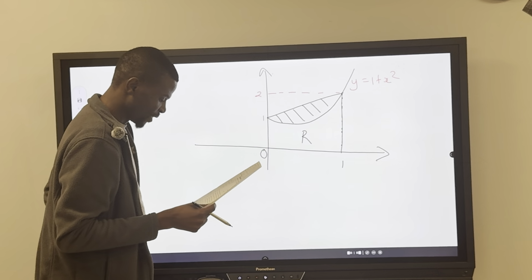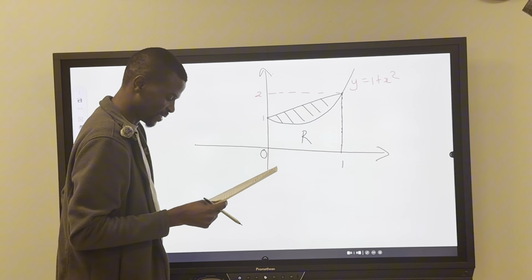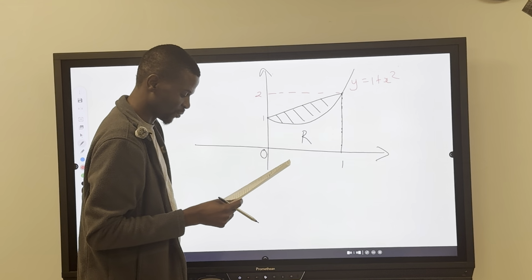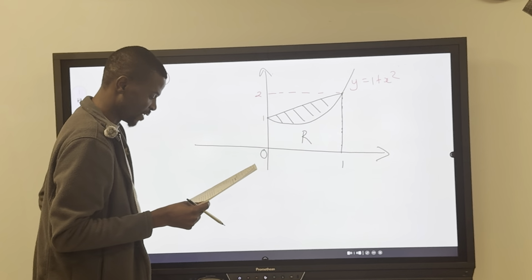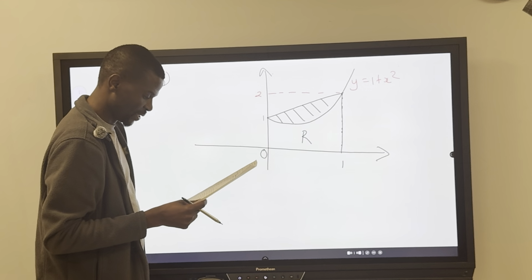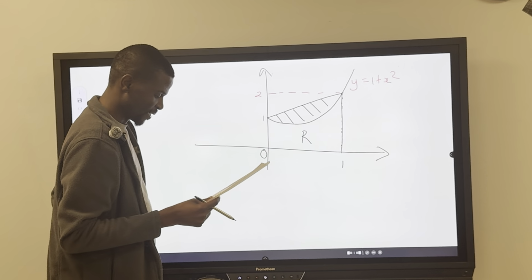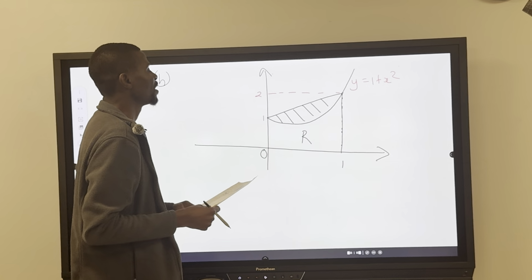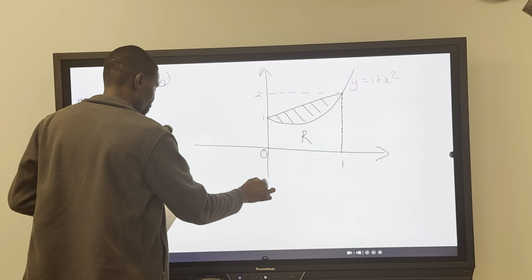Show that the volume of the solid formed when R is rotated completely about the x-axis is 28 pi over 15. Then use the trapezium rule with 4 trapezia to estimate the area of R, giving your answer correct to 3 significant figures. Okay, so guys, that's what we have there for this problem.